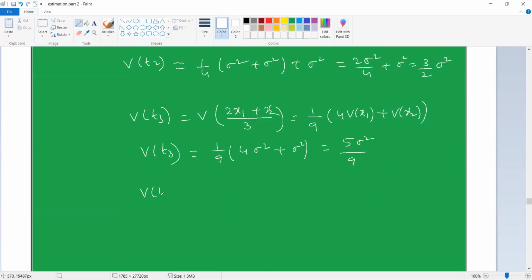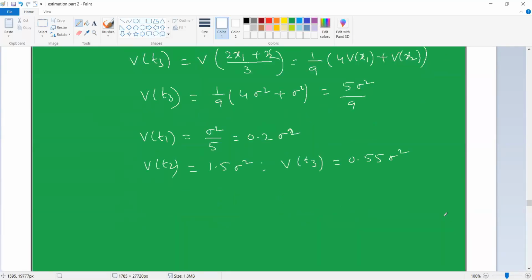Now comparing the variances. Variance of T1 is equal to sigma square by 5, that is 0.2 sigma square. Variance of T2 is 1.5 sigma square. Variance of T3 is 0.55 sigma square.